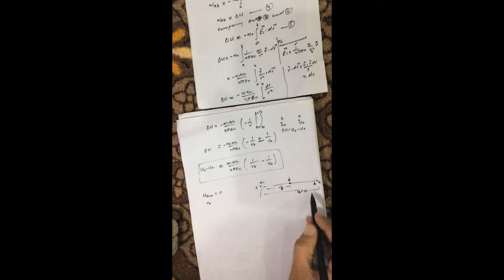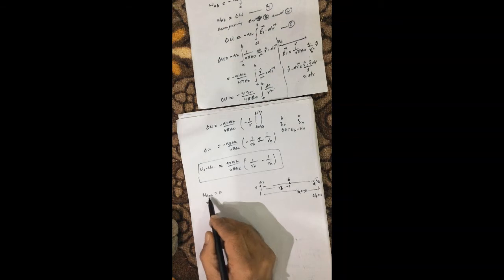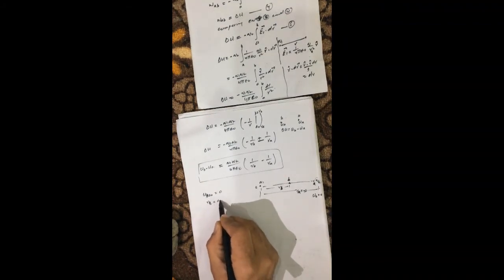So at infinite distance, this charge has zero potential. UB is equal to 0, and also RB is equal to infinity.